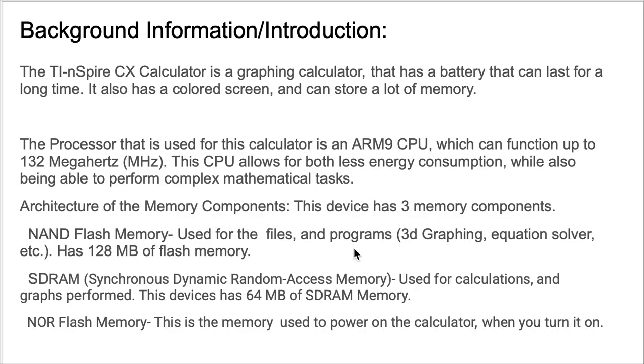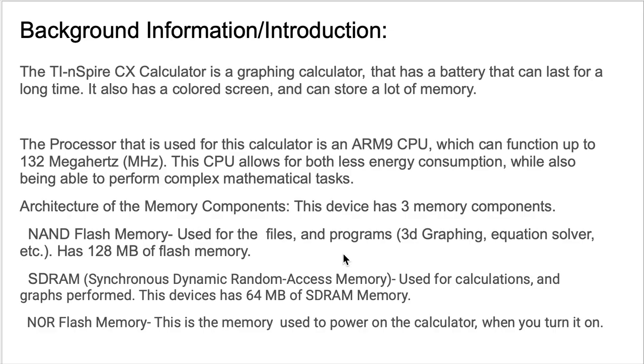And then the third and final memory component that is used for this calculator is the NOR flash memory. This is a more basic form of memory, kind of. Not really, but kind of, because it doesn't have as wide a range of features.